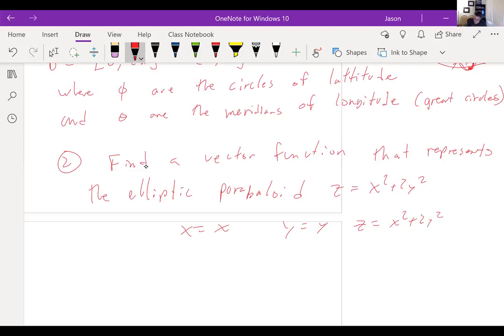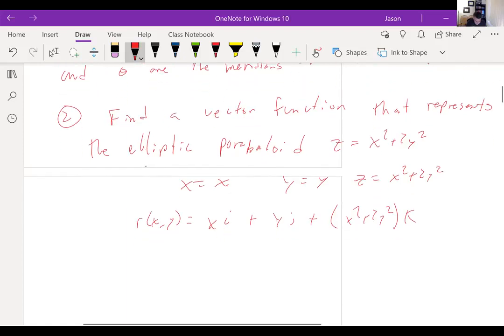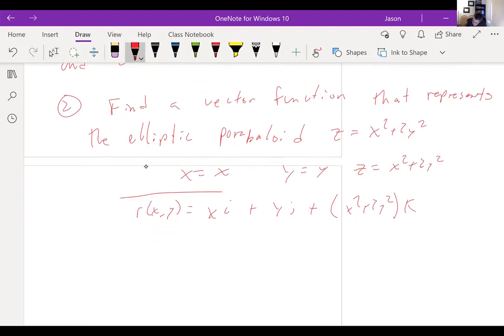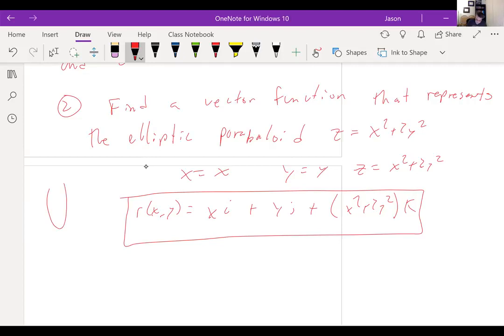So r of x, y is going to be equal to x i plus y j plus x squared plus 2y squared k. And that is my vector function in 2 variables for that elliptic paraboloid. Okay, so something like this.